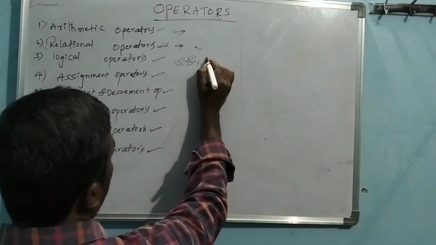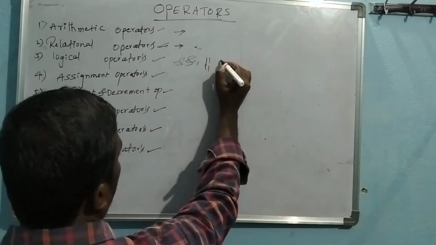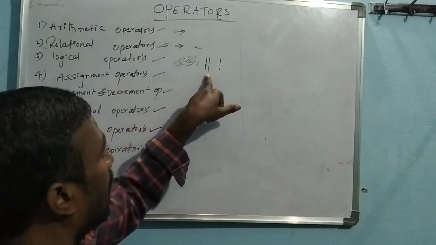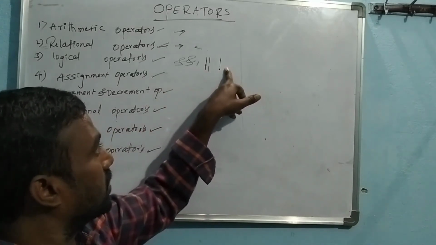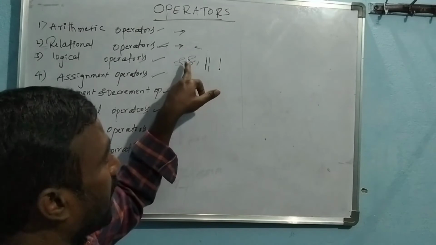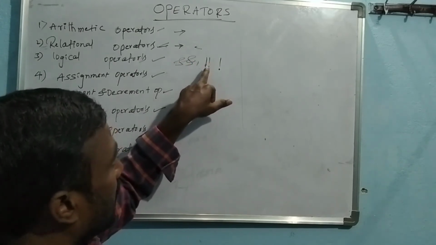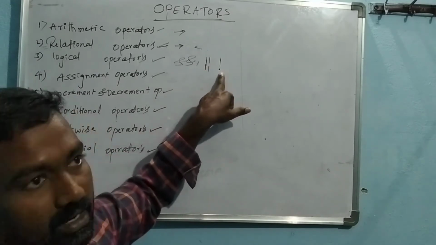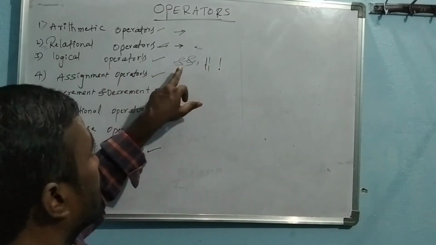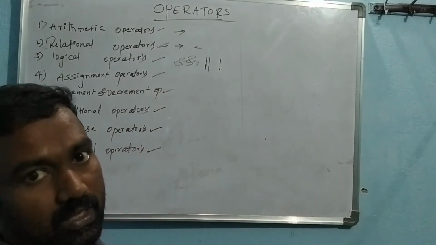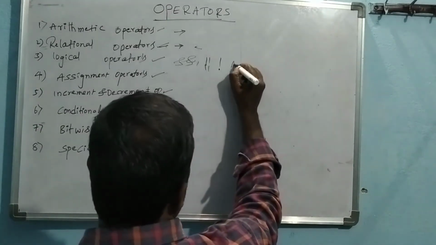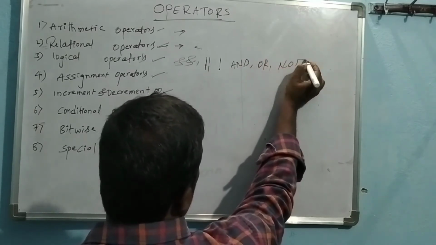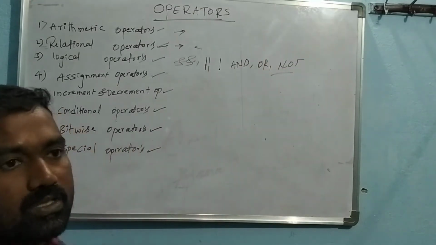Ampersand ampersand is the AND, the double pipe is the OR, and this one is the NOT symbol. So the logical operators are AND, OR, and NOT.